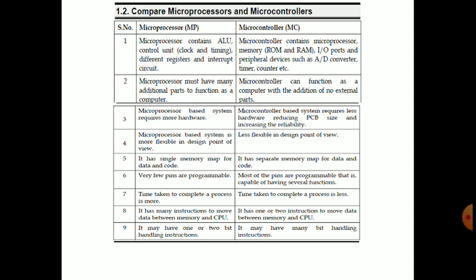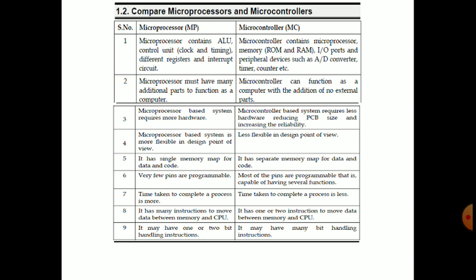The fifth point: a microprocessor has a single memory map for data and code, while a microcontroller has separate memory maps for data and code. In a microprocessor, the instructions and the data we supply are both stored in the same memory.